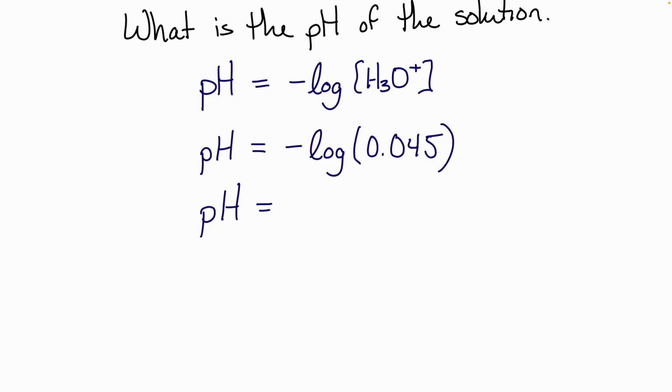My calculator spits out 1.34678. I'm just putting a bunch of digits on there for right now. First of all, make sure you know your log button on your calculator. We're going to be taking a lot of logs in this unit. The negative log of that hydronium ion concentration gives me the pH of that solution.